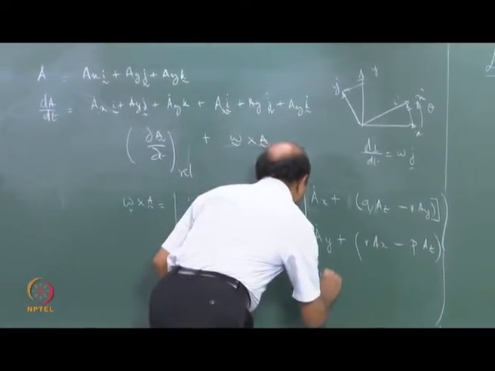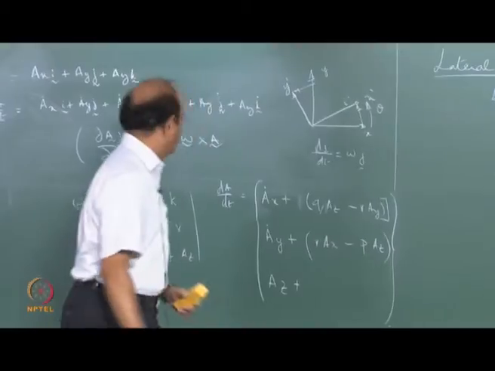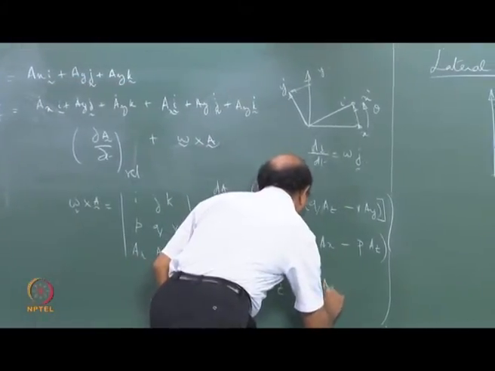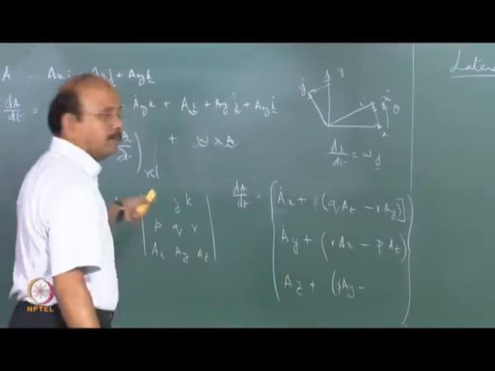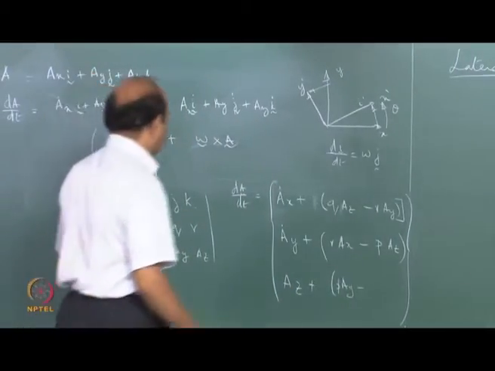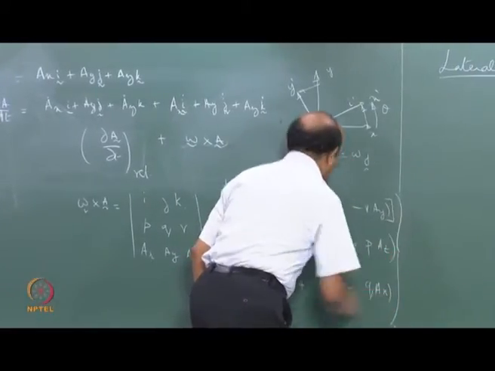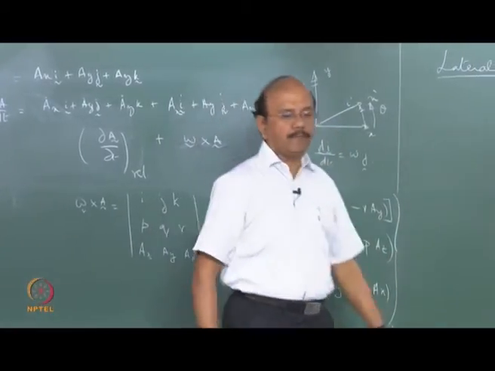And A dot z plus p Ay minus q Ax. Yeah. So that is dA by dt.